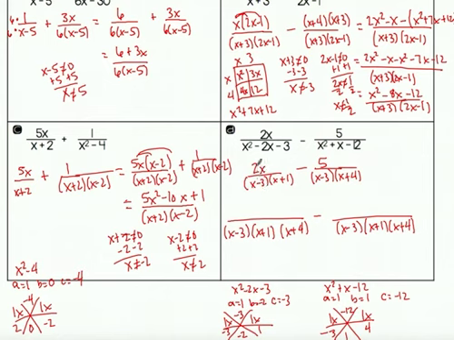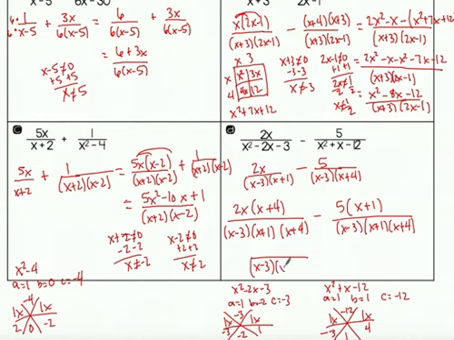So the first fraction was missing an x plus 4, so I need to multiply the top, that 2x, times x plus 4. And the second fraction was missing x plus 1, so I need to take the top and multiply by x plus 1.